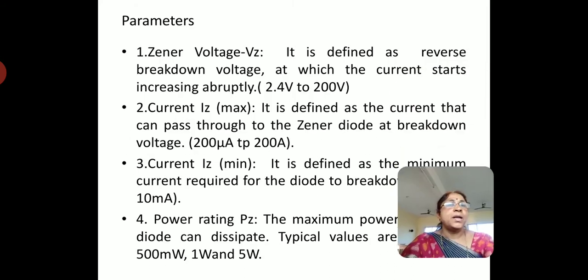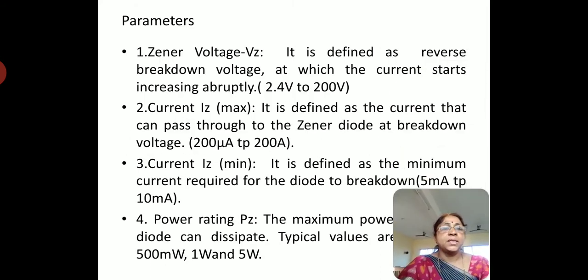Now let us see the parameters of the Zener diode. Zener voltage Vz is defined as the reverse breakdown voltage at which the current starts increasing rapidly, and its value is from 2.4 volts to 200 volts. So depending upon the Zener voltage, we can use it for different applications.